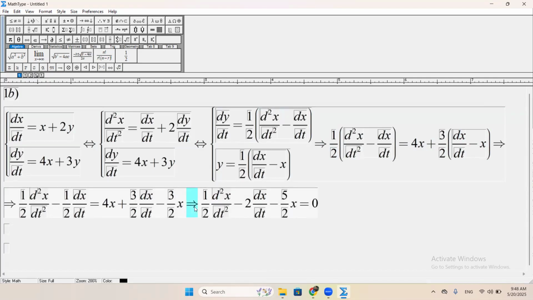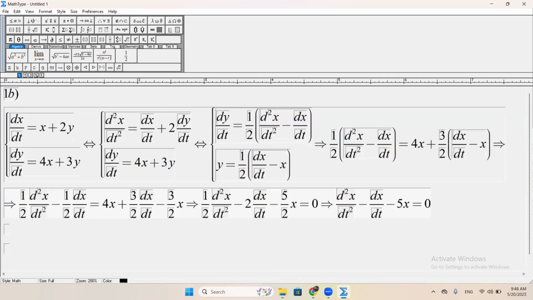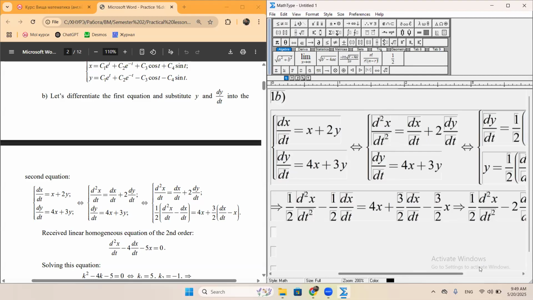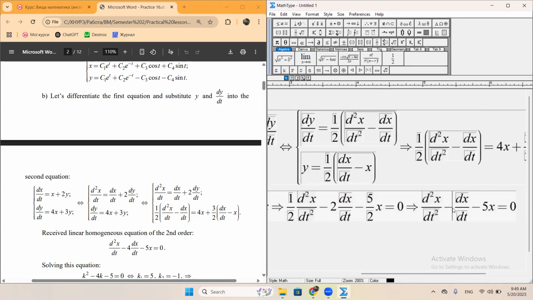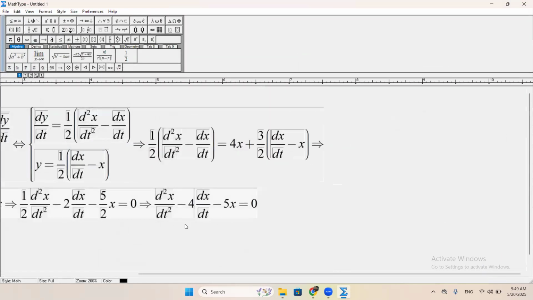So let's now multiply everything by 2, so it will be much more simple. So we received the following linear homogeneous equation with constant coefficients. Multiplied by 2, not divide. So yeah, now it's correct.